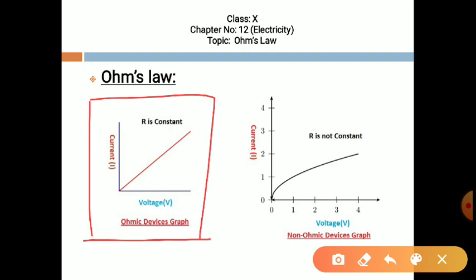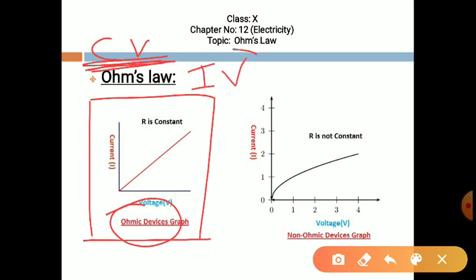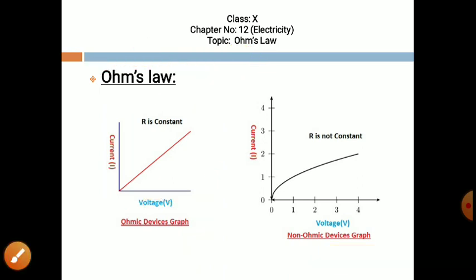The devices which follow this law are known as ohmic devices, and it is always a straight line in the I versus V graph, current voltage graph. It is also known as IV graph, current versus voltage graph. So these devices are known as ohmic devices.